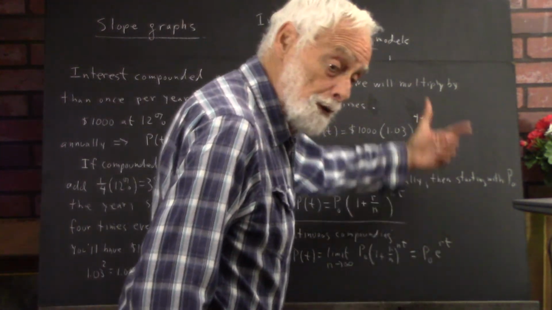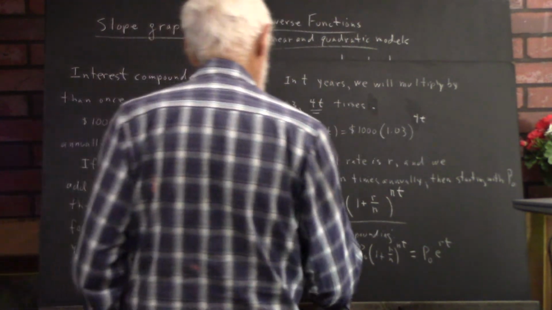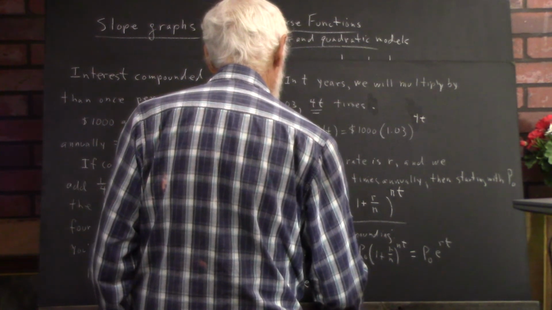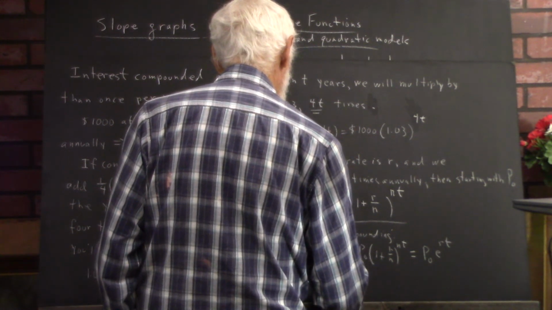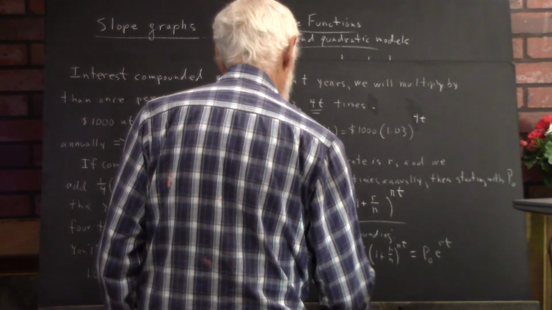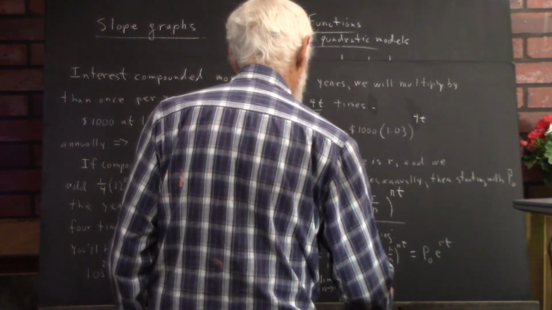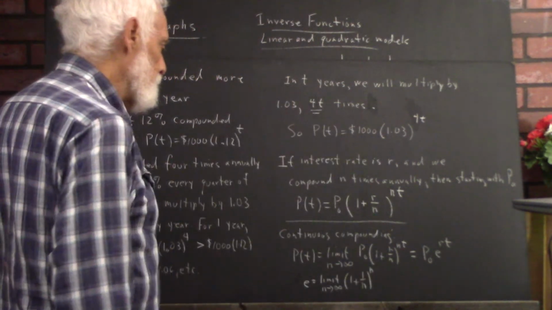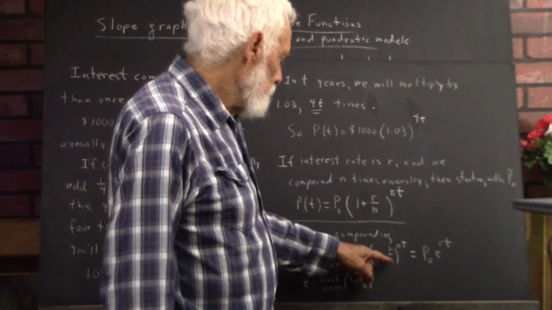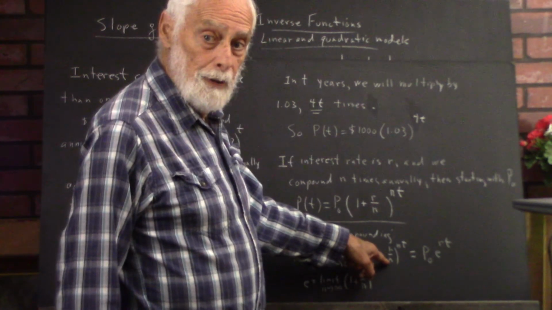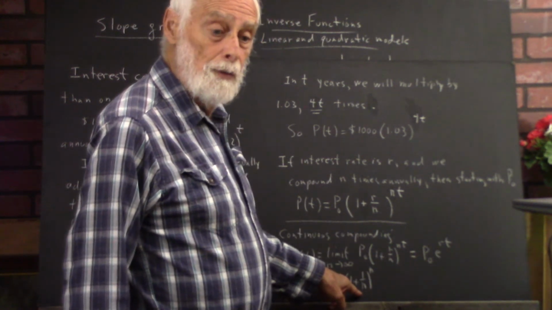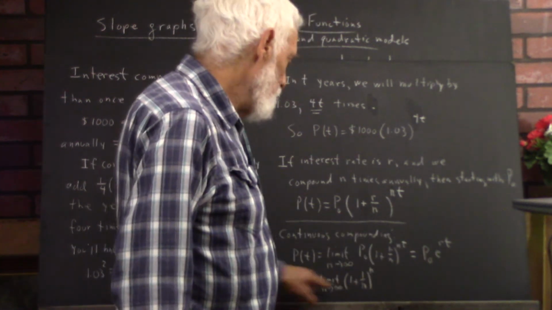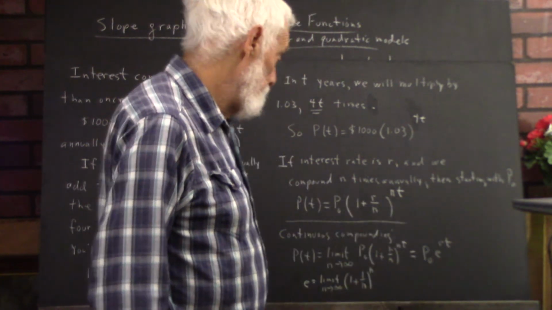where e is that number I talked about previously. E is the limiting value as n goes to infinity of 1 plus 1 over n raised to the n. And it takes just a little algebra on this expression to see where this expression comes from and why this is then P naught times this thing raised to the RT.